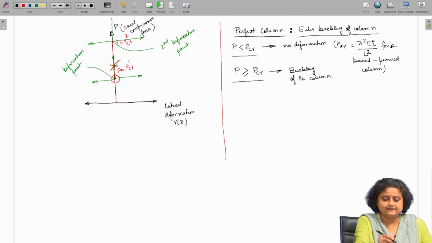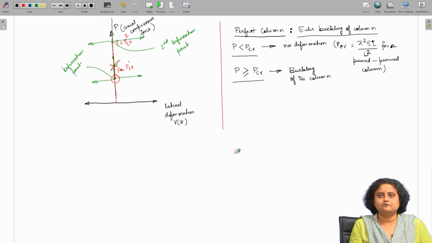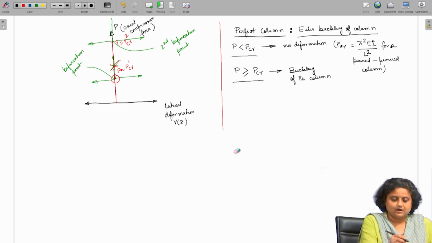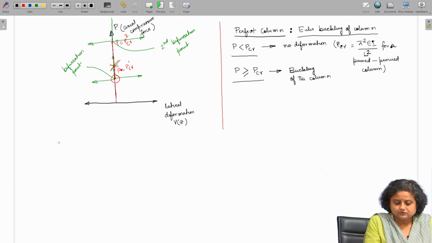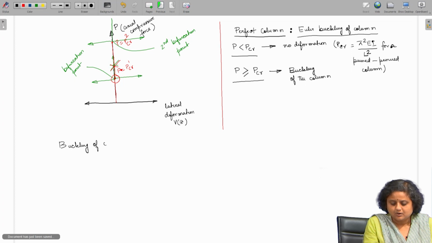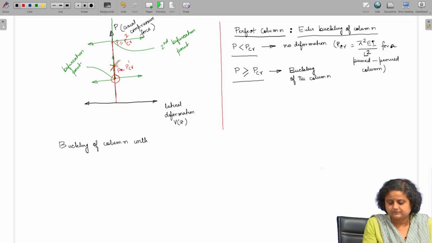Now, as I said, in real life it is rather impossible to find a perfect column or to work with a perfect column. So, now let us move into the next topic, where we will be talking about buckling of column with initial imperfection.